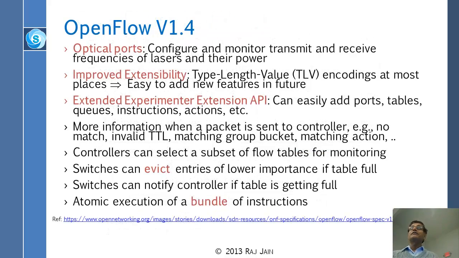But what happens is, suppose the controller sent 2000 entries and they only implement 100 entries. What do they do? They will have to get rid of some flows that have not been used for a long time. So the flows that are not used will get evicted, and if packets do come in on those flows, they will be sent to the controller.